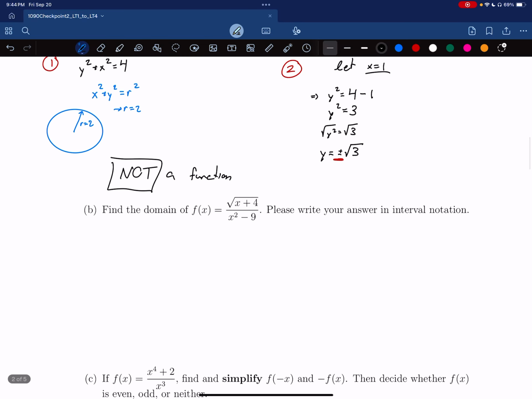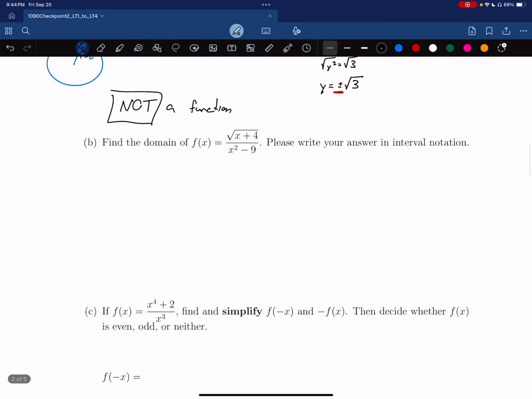Now let's look at the second part of this learning target, which relates to domain. So a lot of what we practice in class regarding domain involves denominators and involves square roots. And we have both of those here. We have a square root and we have a denominator. And we can tackle these independently for the moment.